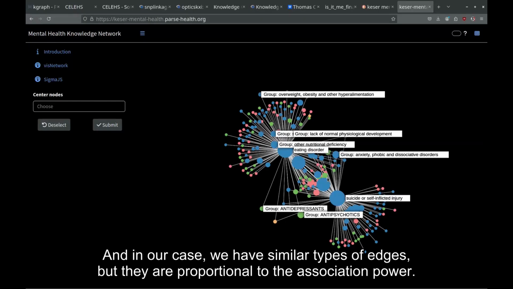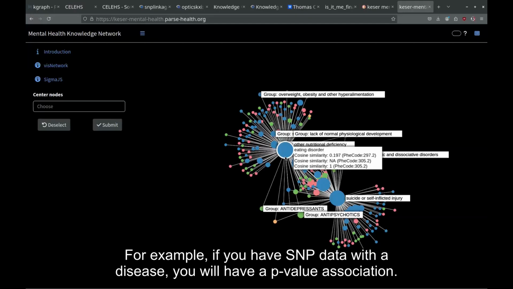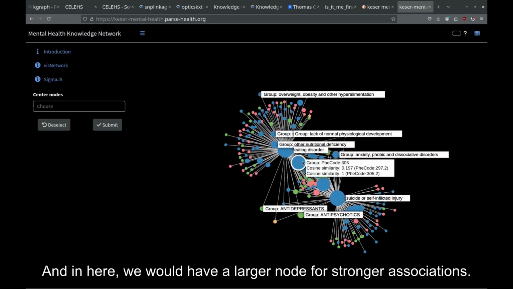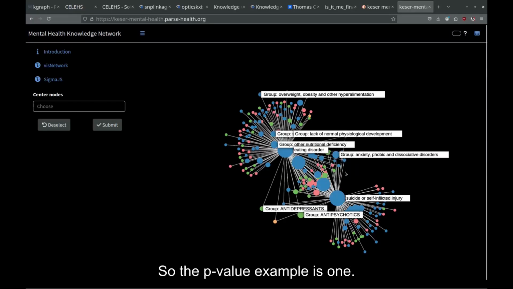And in our case, we have similar types of edges, but they are proportional to the association power. For example, if you have SNP data with a disease, you will have a p-value association. And in here, we would have a larger node for stronger associations, and the edges would be smaller as the association is stronger.